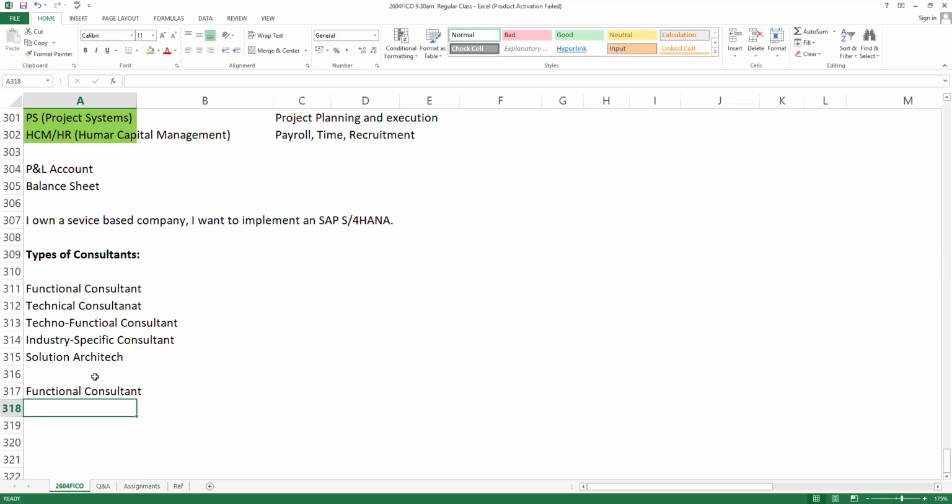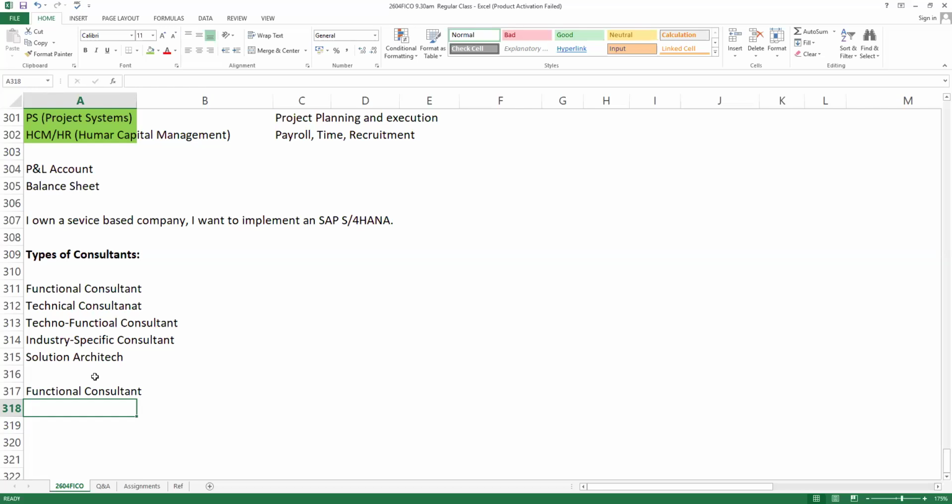For example, our designations will be updated as software engineers. Do functional consultants deal with code, writing code, understanding code? The answer is no. Even though we don't write any code, we have very much importance in implementation and support projects. Why exactly? In further sessions we will come to know.